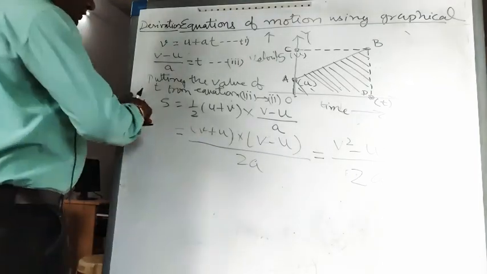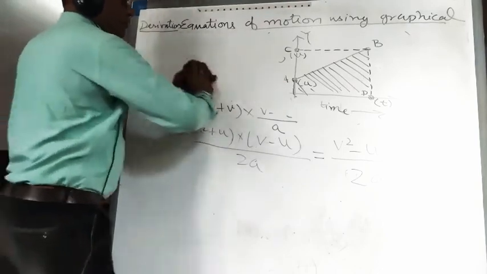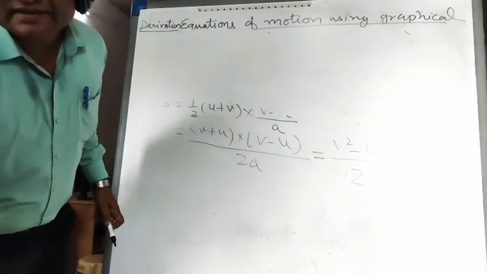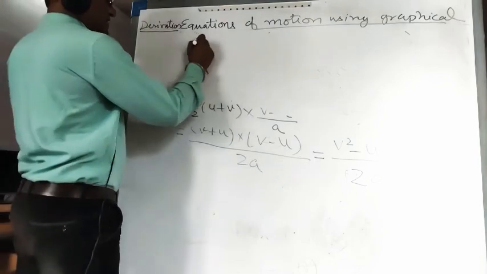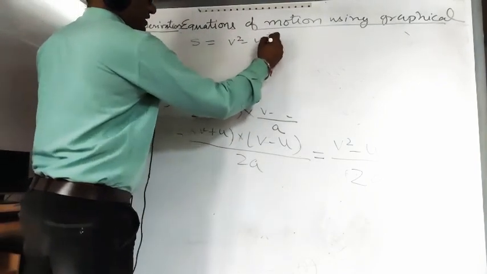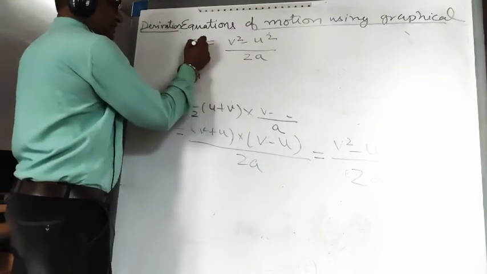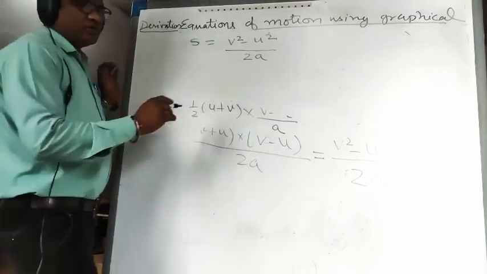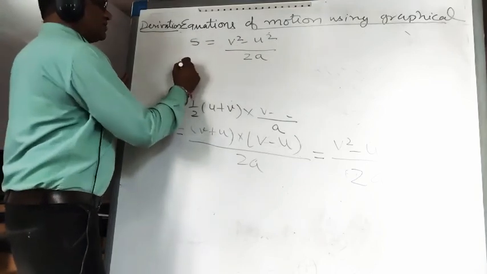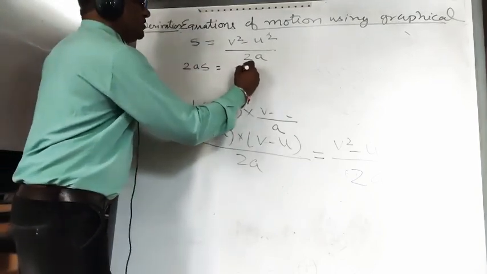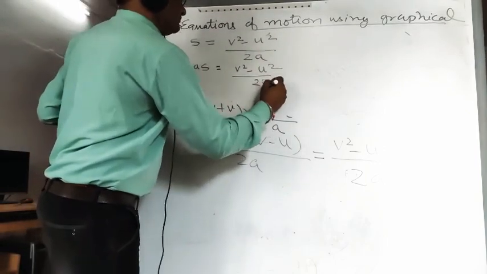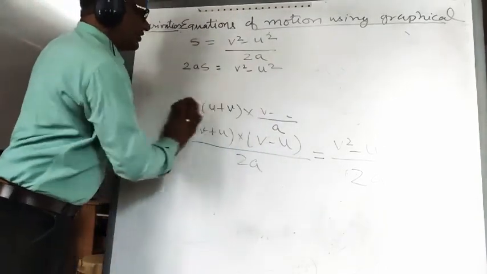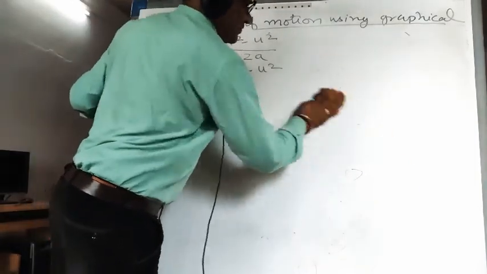So the equation is s is equal to v square minus u square whole divided by 2a. Now cross multiplying, 2as is equal to v square minus u square, because a is already multiplied on the left hand side.